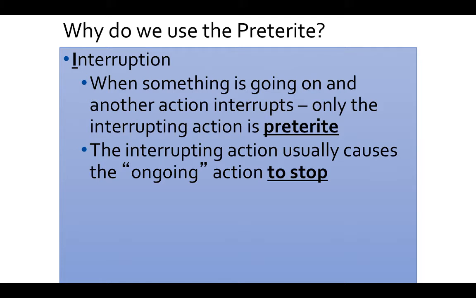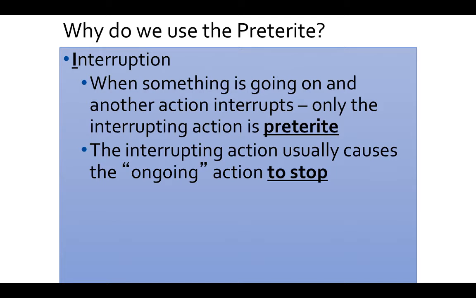Okay, so she was walking down the street. That's going to be an imperfect action because it's just continuously happening. She was walking down the street, was or were-ing, imperfect. And then she was attacked, or the killer attacked her. It's a one-time event. It's an interruption.